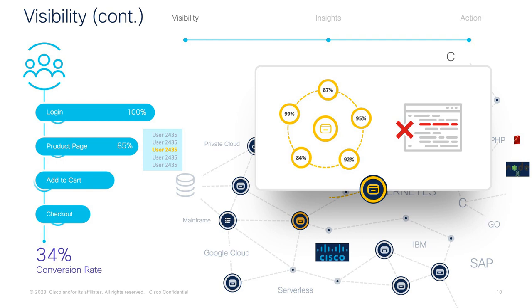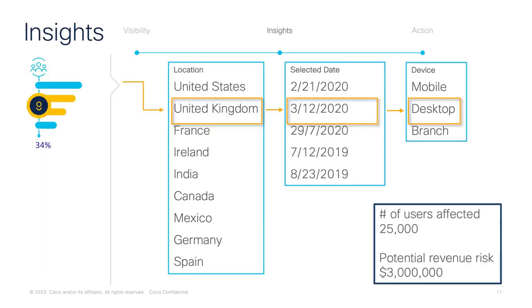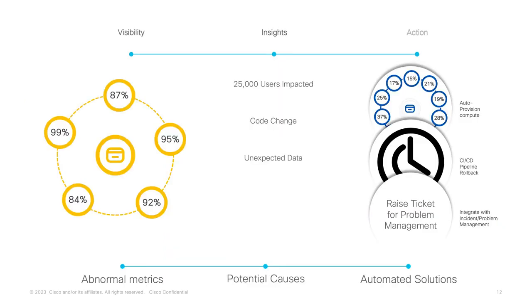But the business is asking what happened. We can take this further and zoom in on the location of the problem, the dates affected, even what device. We can surmise the numbers of users affected and even the potential revenue risk. Bringing this all together, we noted that there was something abnormal going on with our application. We very quickly identified that 25,000 users were impacted, affecting the company top line by $3 million.